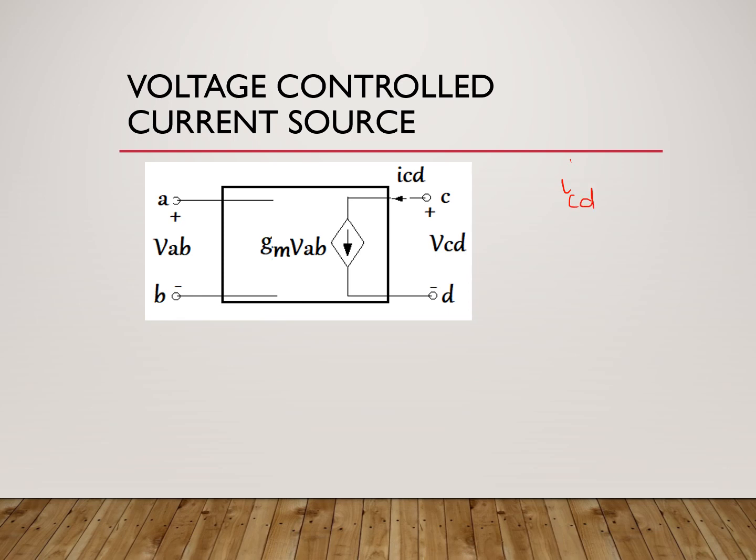So ICD is proportional to the input voltage VAB, which means ICD is equal to, now, the proportionality constant, which is going to be current by voltage. So it is a conductance, or it is called a transconductance. So the transconductance GM is equal to output current by input voltage. Since it's a conductance, its unit is Siemens.